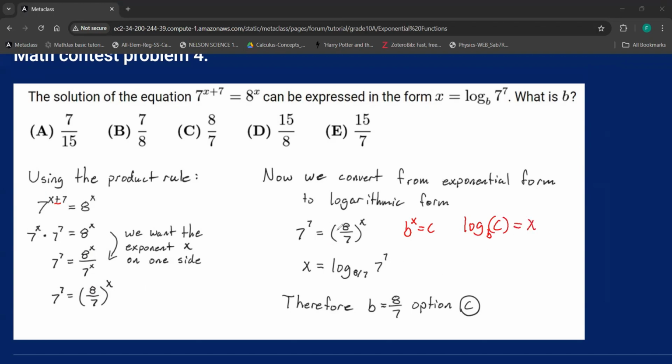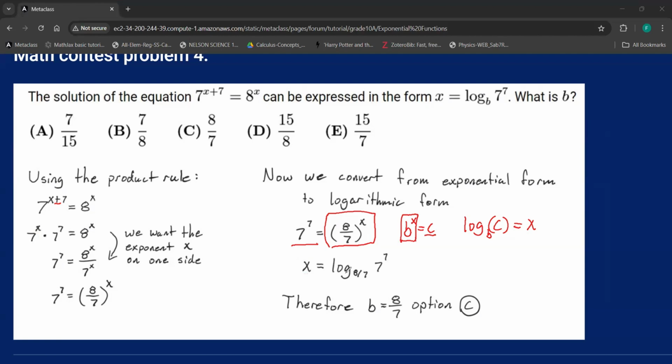Right, so in this case, we want x on one side of the equation, right? So this 8 over 7 all to the power of x is going to be our b to the power of x here. And then 7 to the power of 7 is going to be the c in this case. So we place the x over here so that it's all alone on one side of the equation.